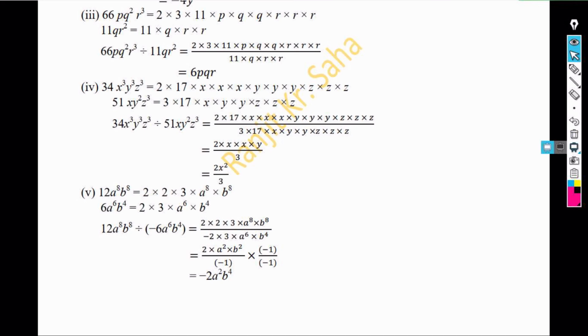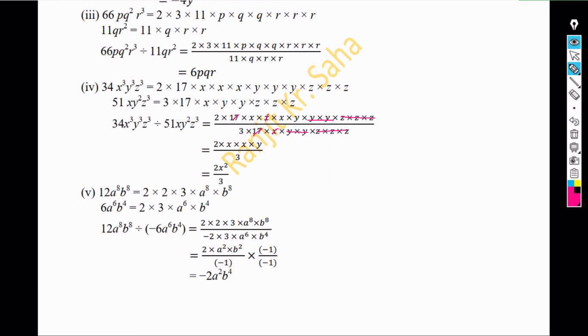Z cube means 3 z's. Now cancel 3z from the numerator and denominator, cancel 2y from the denominator and numerator, cancel x from numerator and denominator, cancel 17 from numerator and denominator.